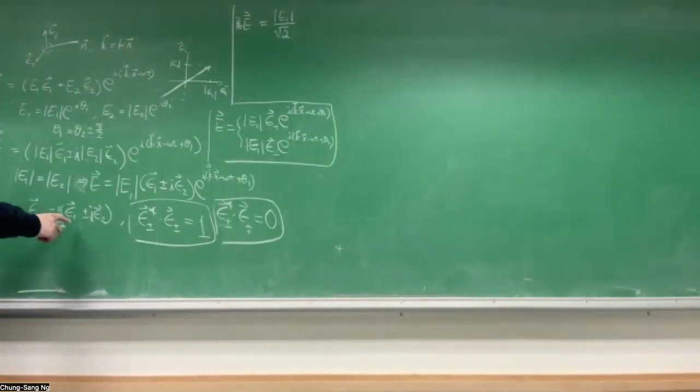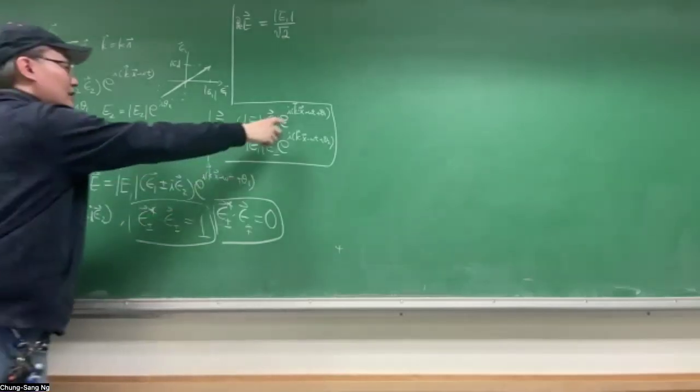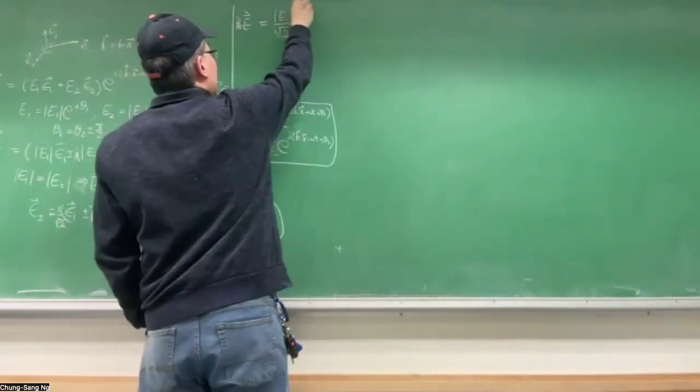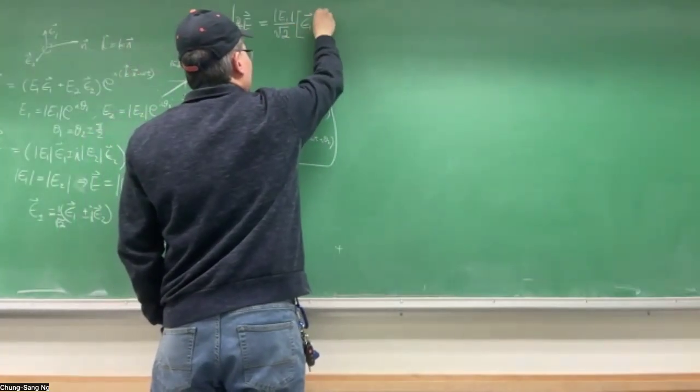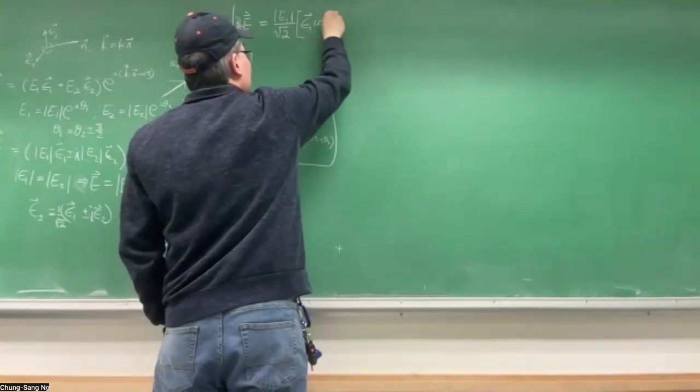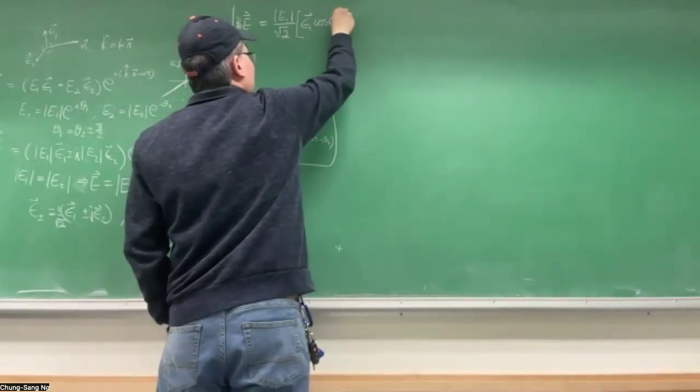So basically, for the real part, you have epsilon 1 multiplied by the cosine of this number. You have epsilon 1 times cosine of k dot x. Well, this is just a phase.